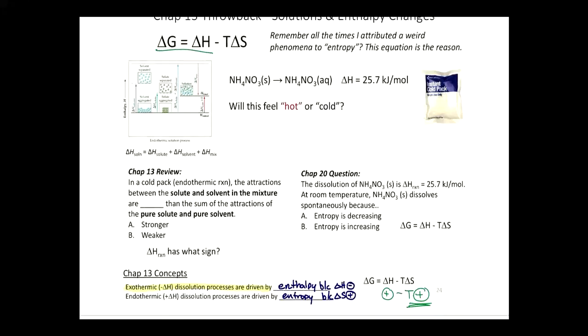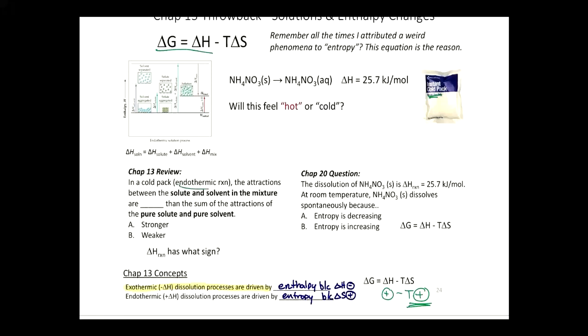So let's actually answer these questions. Here's an example, the dissolution of ammonium nitrate. This is what's in cold packs. So when you break open a cold pack, it's just an endothermic dissolution process. That is a process that's driven by entropy. The entropy change of that reaction is so positive that it forces the reaction to happen, even though you're creating weaker bonds.